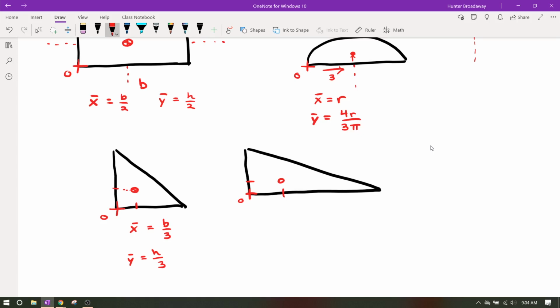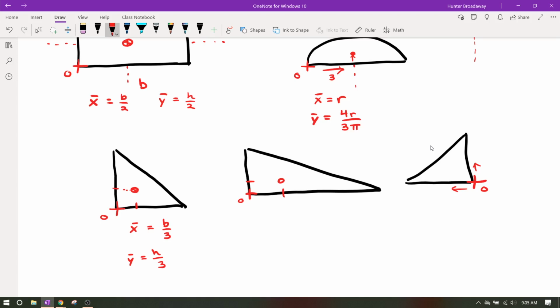Now, sometimes the triangles are flipped over backwards, and I can't do that. So if I were to have a right triangle that looks like this, I'm not just going to go by that rule and say bottom left is the way to go. I'm going to say, you know what, the base of the right triangle is going to be located over here. So I would make the origin this way, and I would just move my locations to the left and then up instead of going to the right and then up.